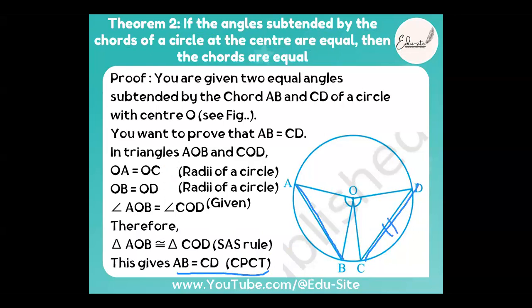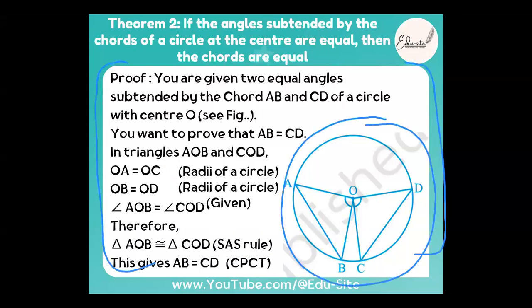Is it not easy, beta? Can you write it in your rough book if possible? You just write this and prove it to me, because this is not given in your textbook. This is the proof.